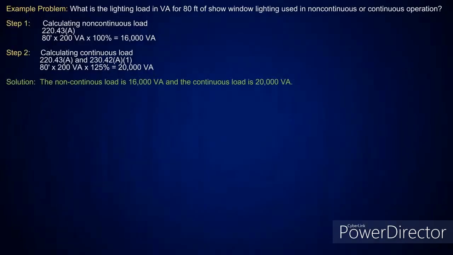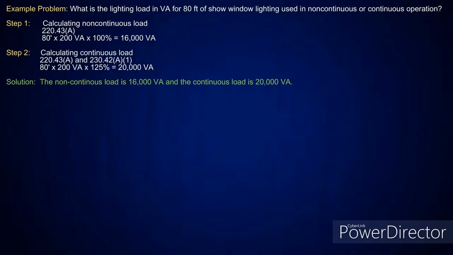All right. Now, let's look at show window lighting. Now we're going to look at 220.43(A). And when you go over and you look at that section, it says, for show window lighting, a load of not less than 600 VA per linear meter or 200 volt-amperes per linear foot.